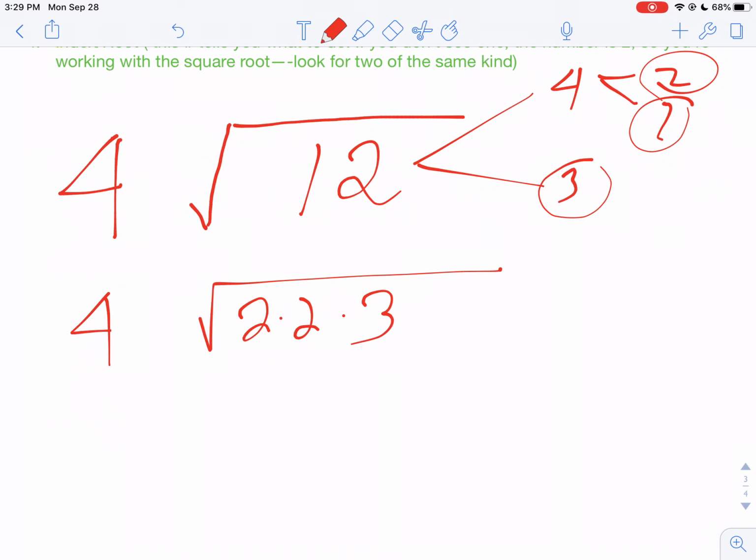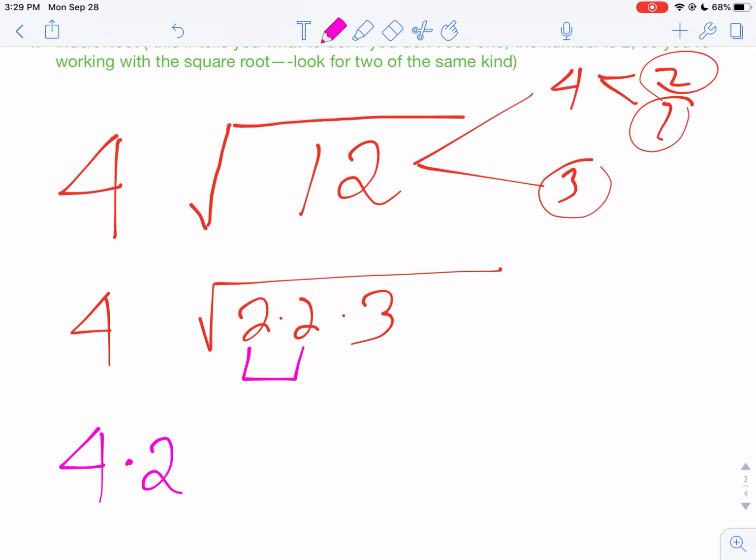The index of 2 means look for 2 of a kind. Here I have 2 of a kind, a pair of 2's. Anytime I have a pair of 2's, if I'm working with the second root, that enables me to take one of those factors outside. Outside I already have a 4. Because I have 2 of the same kind, I can take one of those factors out. I can take a 2 out.